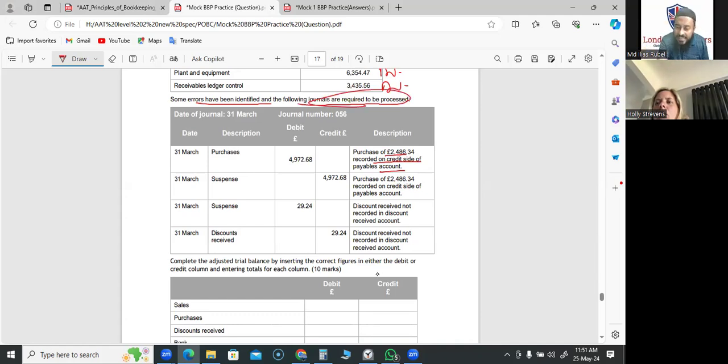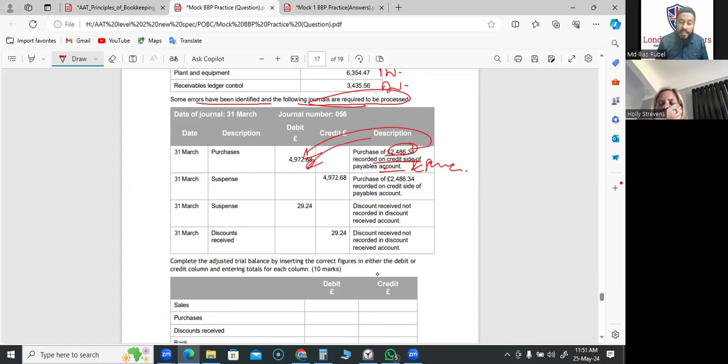Purchase is basically a debit account, but you have recorded it on the credit. We never debited the purchase, so we need to debit purchase twice, because we credited payables and purchase, which is wrong.